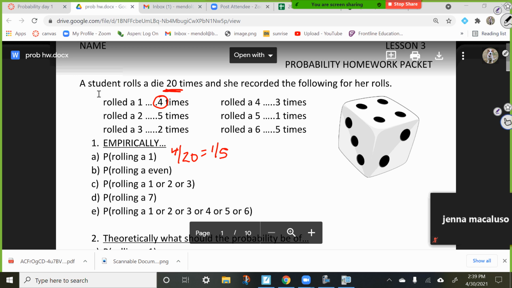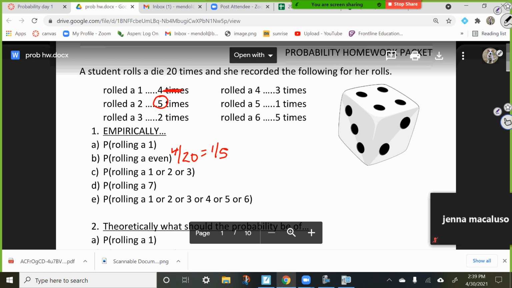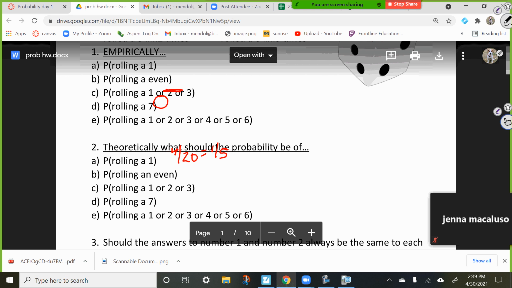So you're doing A through E on number 1 and 2. Theoretically, what it should be: on a die, there's one side out of 6 that has a 1, right? So that's how you're going to answer those. You've got some OR problems in there.